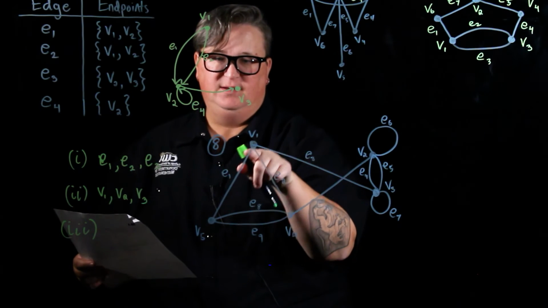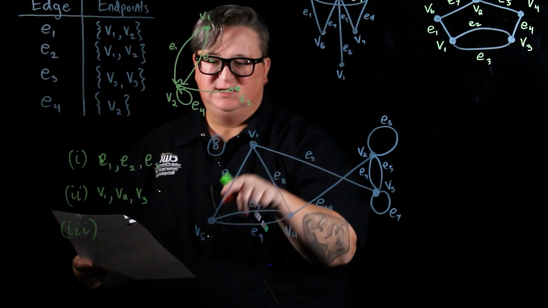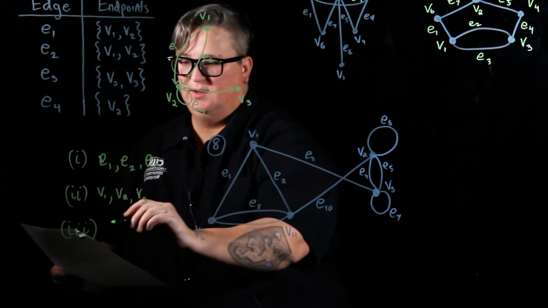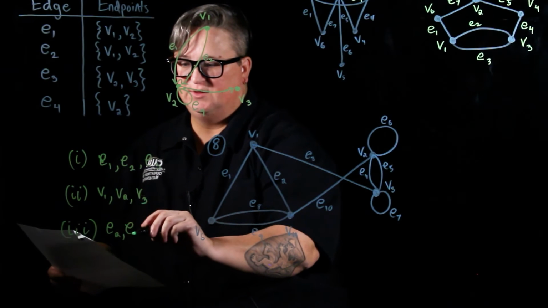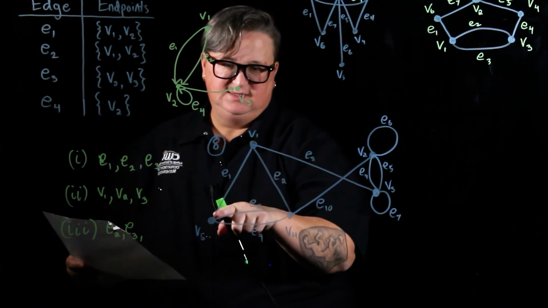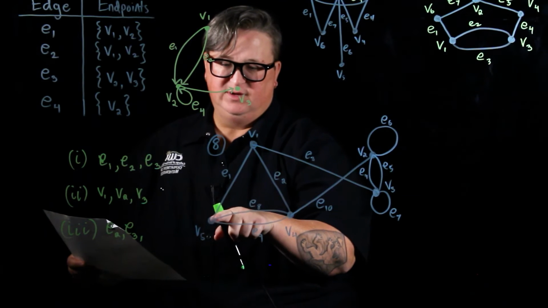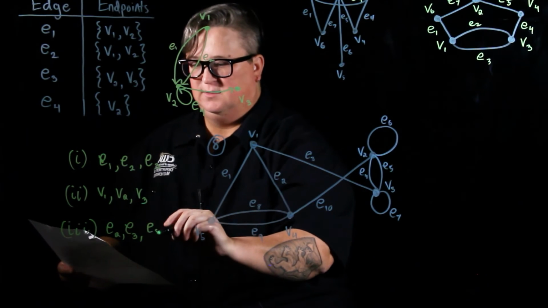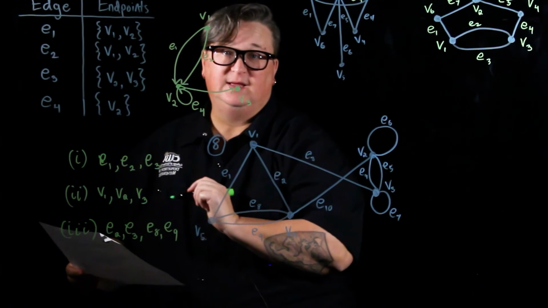So edge 1 is connected to vertex 1 and vertex 5. So the other edges that are connected to vertex 1 are edge 2 and edge 3. And down at this end, the other edges that are connected to vertex 5 are 8 and 9. So that's our list there.